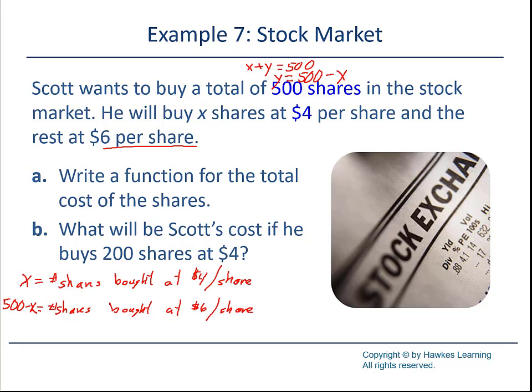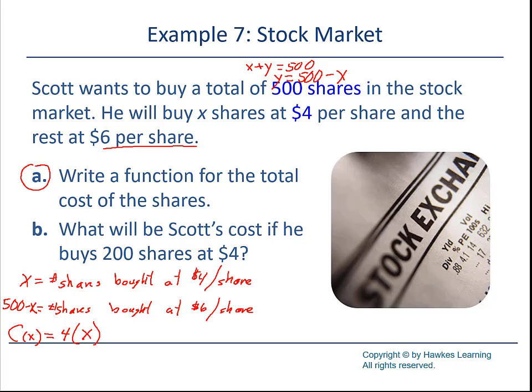Now you're ready to write a function for the cost of the shares. And all we need to use is x, so cost is a function of x. Now, he's buying shares from one place, shares from another place. For the $4 stock, he's buying x of those, so it's 4 times how many?